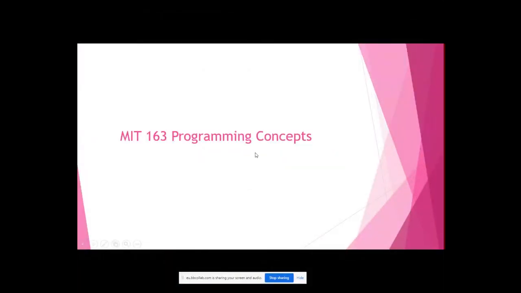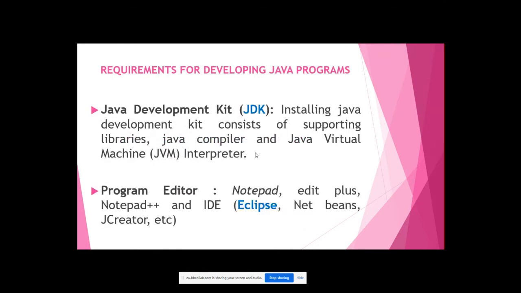Hello my dear students. In this session I will explain the basic software requirements for this course, MIT 163 Programming Concepts. Basically there are two software programs required for this course. The first one is the Java Development Kit, JDK.